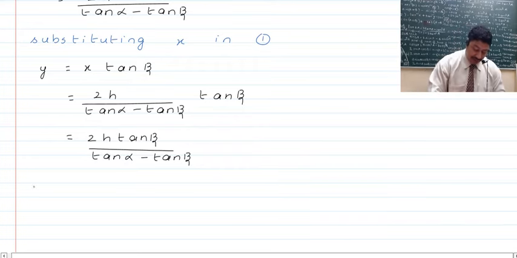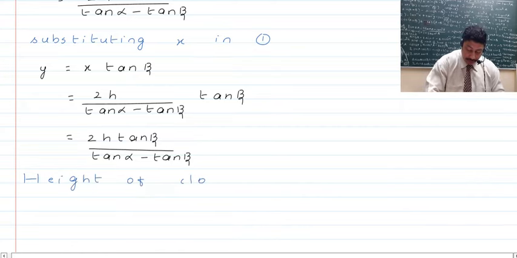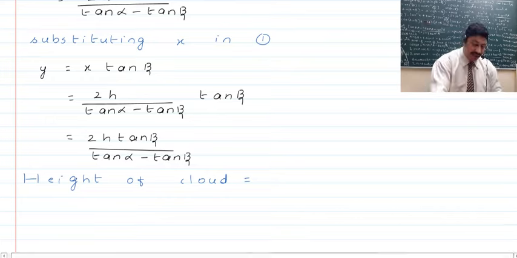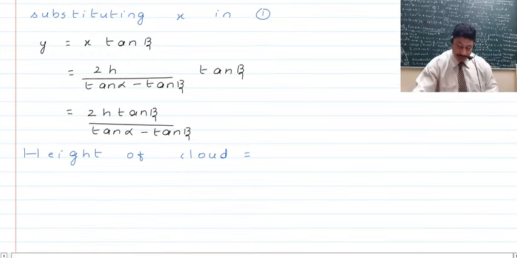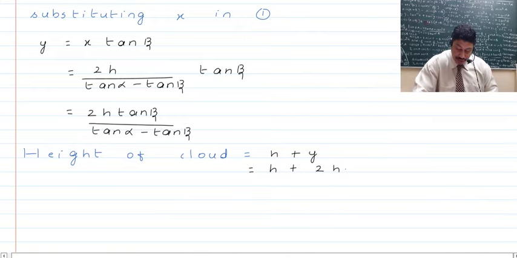So next now we're going to write this height of cloud and it will become equal to, here further, h plus y. Now h to that y is going to be added, which we've just calculated to be 2h tan beta divided by tan alpha minus tan beta, right?